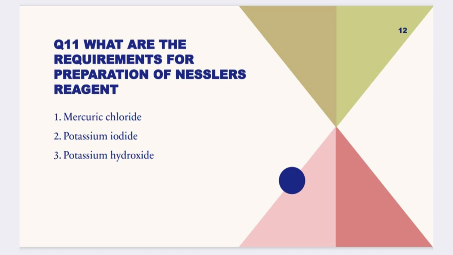My dear friends, three important chemicals required for the preparation of Nessler's reagent are: first, mercuric chloride; second, potassium iodide; and third, potassium hydroxide. We move to question number 12.